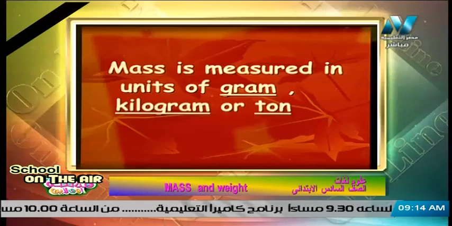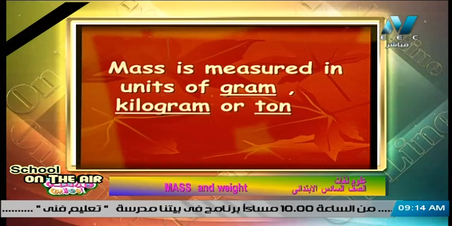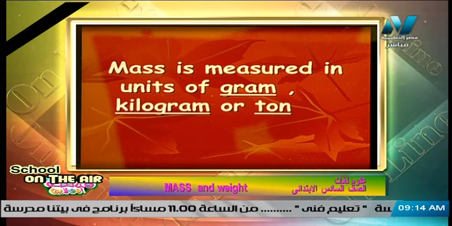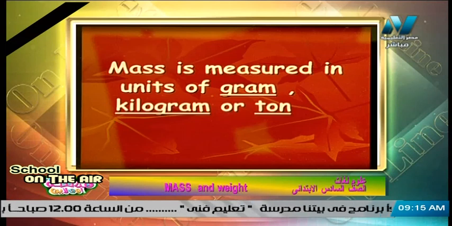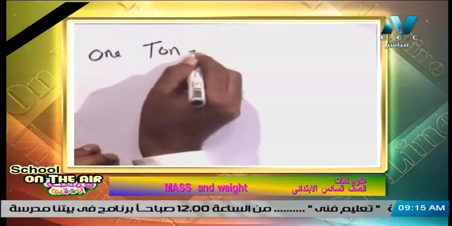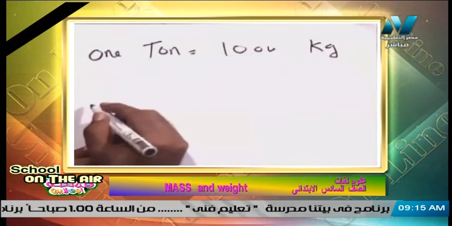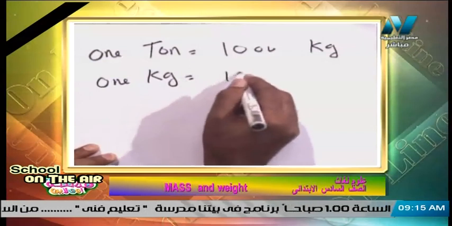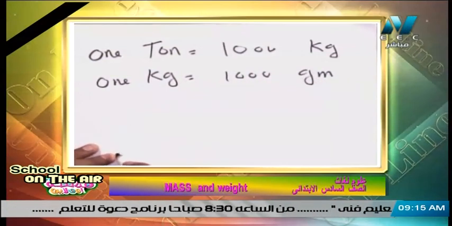Mass is measured in 3 units. Okay, gram, kilogram, and ton. Okay, 1 ton equals 1000 kilograms. 1 kilogram equals 1000 grams.